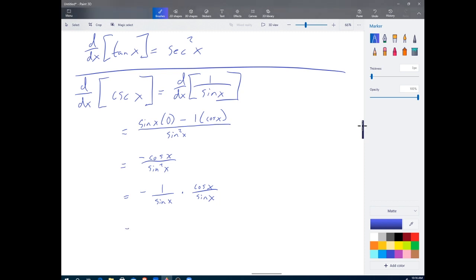So first of all, what was 1 over sine? We started the problem with it. Cosecant. And what was cosine over sine? That one we haven't seen except for the top of the screen.